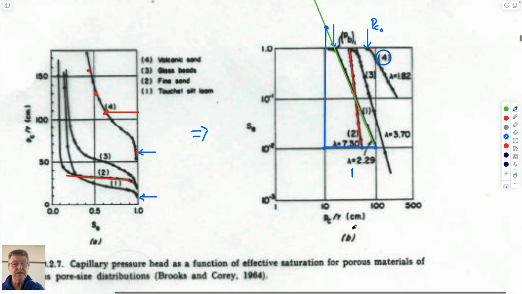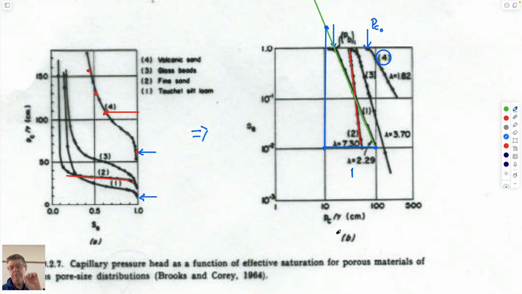Going from, this is in centimeters of water, so this is the length. Capillary pressure divided by unit weight, newtons per meter squared divided by newtons per meter cubed, as meters or centimeters. So this is going 1 log cycle, and so this lambda would be equal to 1, 2, and 2.3, right?